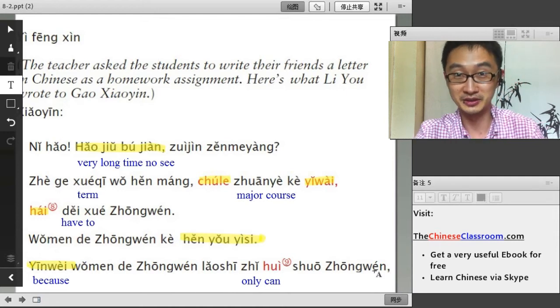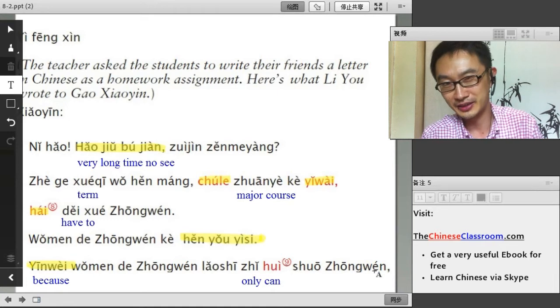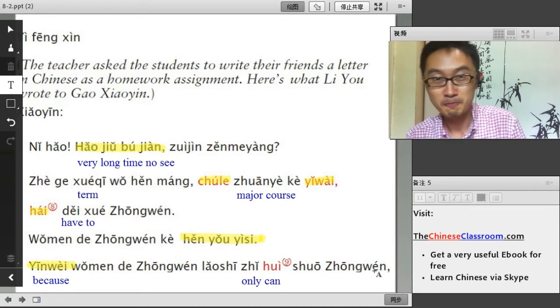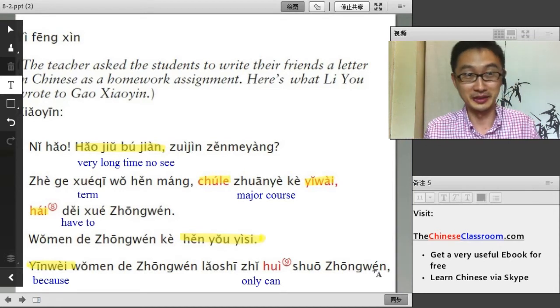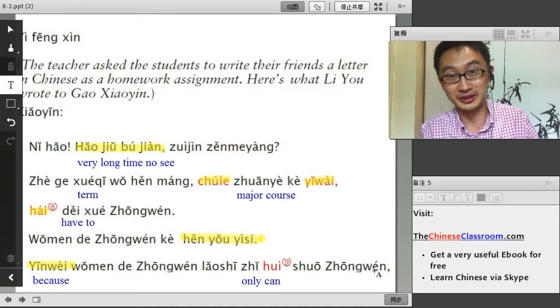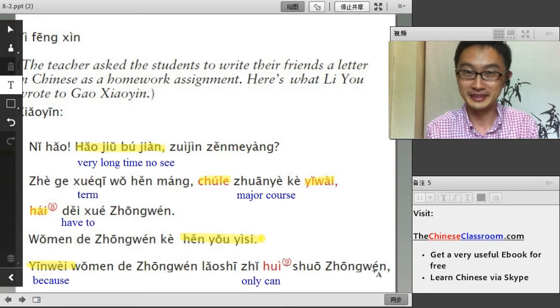As we mentioned, there is a difference between 会 and 能. 能 also means can. Here, 只会说中文. Our Chinese teacher can only speak Chinese, just his ability. He cannot speak English because he doesn't know it.